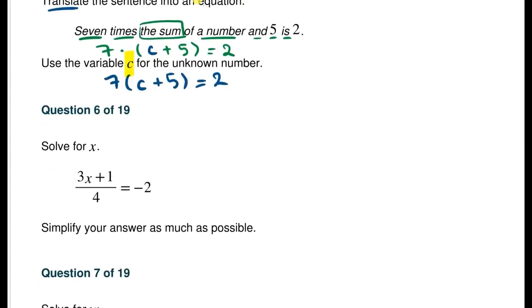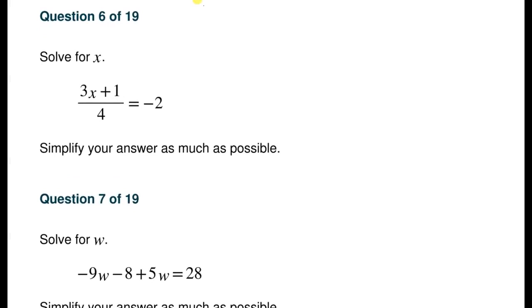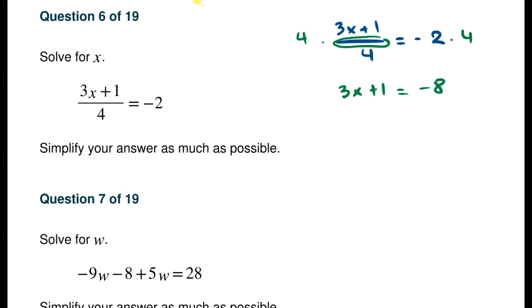Okay, problem 6, we're going to solve for x. 3x plus 1 divided by 4 equal to -2. To solve for x, what you're going to do is get rid of the fraction. Since it's a division, you're going to multiply by 4 on both sides. That will give you 3x plus 1 equal to -8.